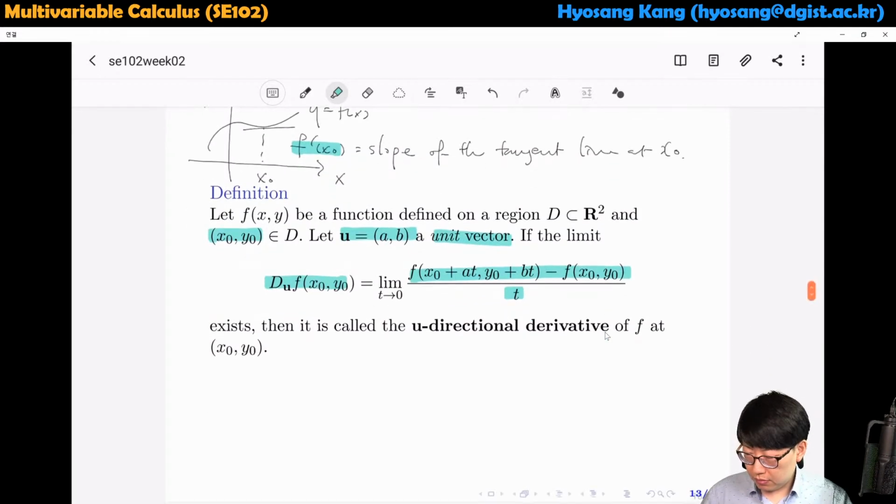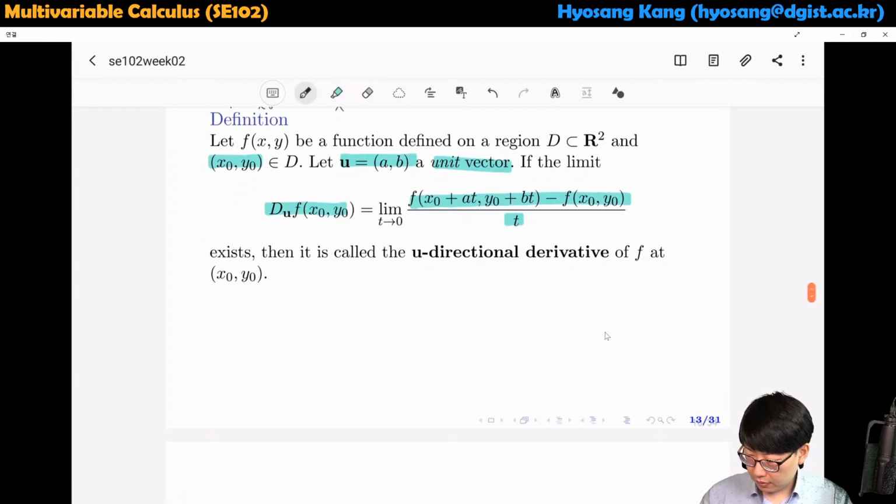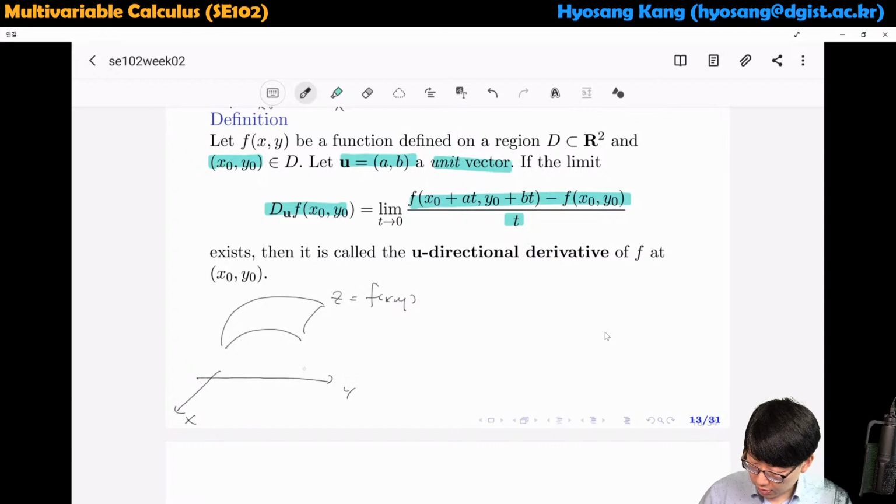It might be weird at first sight, so let me give a geometric meaning of what this u directional derivative is. Here is our picture of a surface, a graph, here is our domain, the xy plane, and here is our z axis.